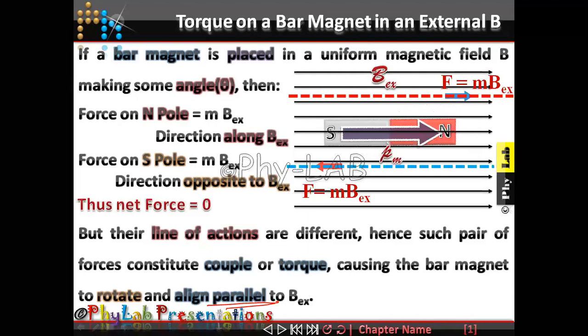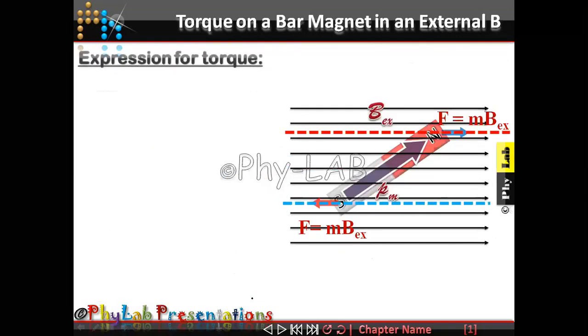Take care about this fact: whenever a bar magnet is placed in a uniform external magnetic field, the net force is 0, and since the net force is 0, the bar magnet will always be in translatory equilibrium. But since their lines of action are different, the bar magnet experiences a net torque, and under the effect of this torque, the bar magnet rotates inside the magnetic field and tries to align itself along the direction of the magnetic field. The expression for the torque happens to be the same that you have derived in your electrostatics.